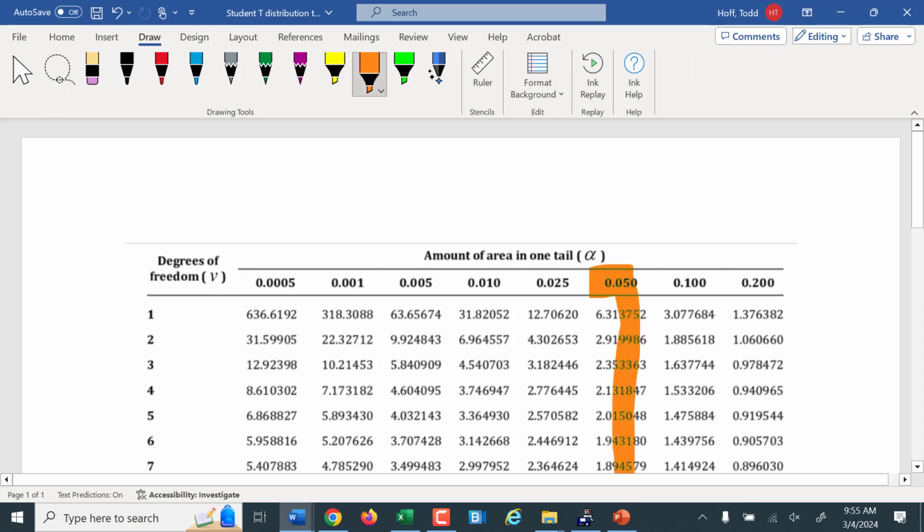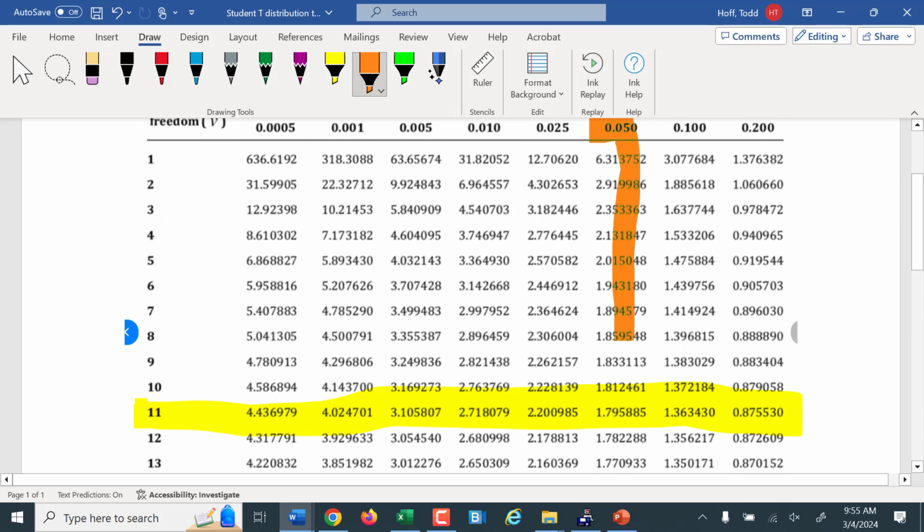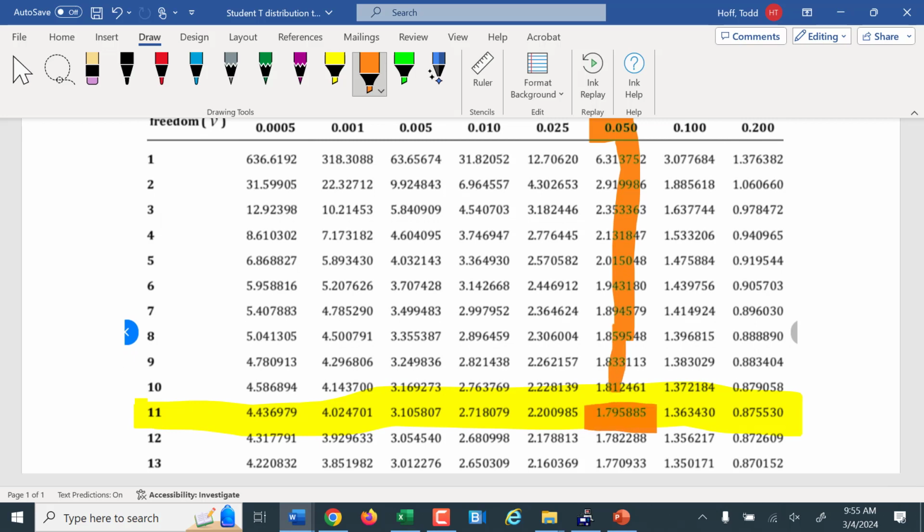So we're looking at that column. We follow that down, we get this number right here, 1.796, which is what we were finding with technology. Now the alternative is less than, so we're going to use a negative 1.796 as our critical value. But that's how the table works.